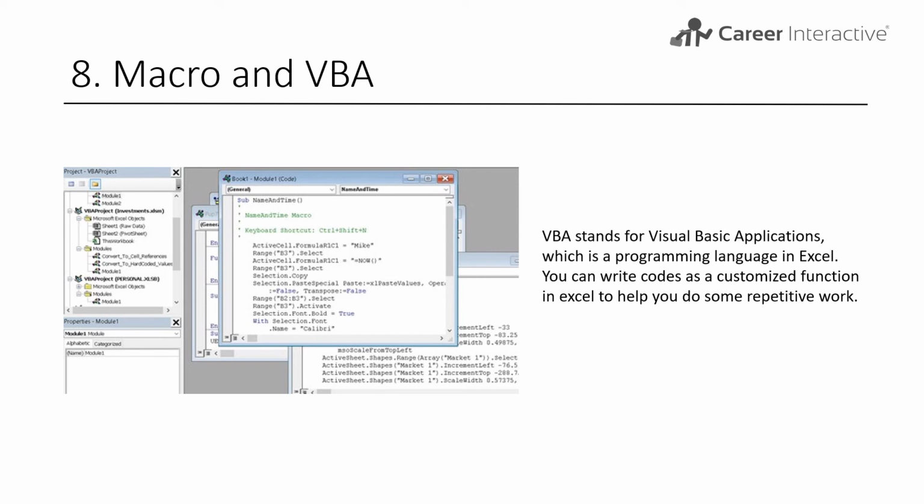So this is the next level of Excel. In my company, only accountants who know how to use VBA can be promoted to a senior position. This is a hard requirement, but I'm pretty sure for all industries and jobs, VBA can be really, really helpful, not just for accountants.